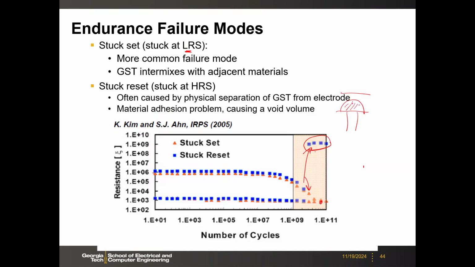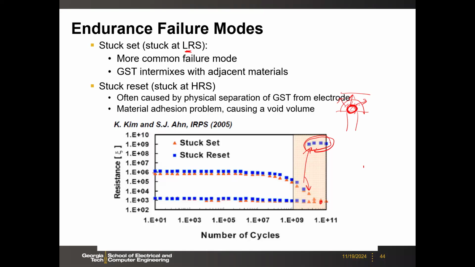And then sometimes if you have high temperature and the atoms move away, then you create a void in this location, like an air gap, and the current will not go through, so you're stuck at the high resistance state. Okay, if you have this void there.